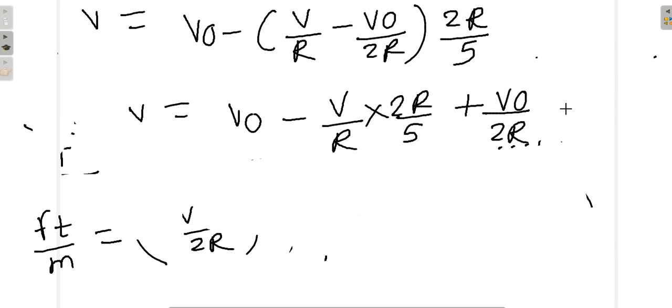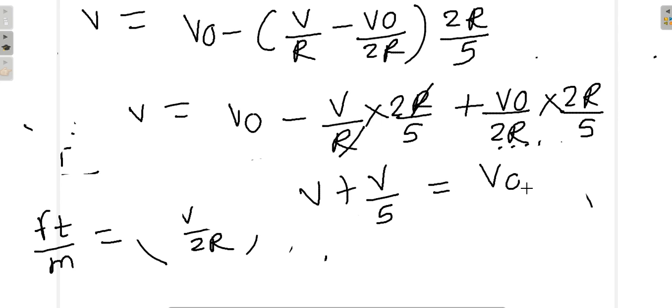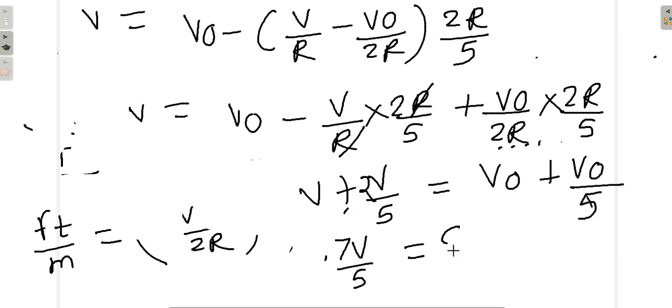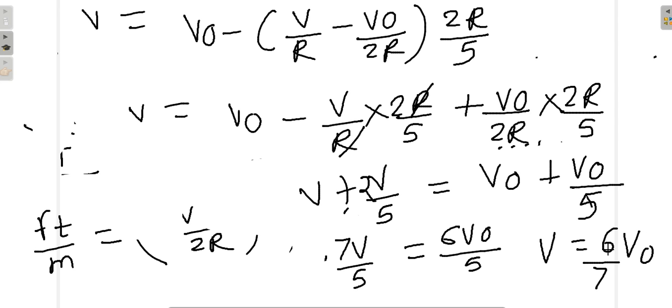plus v naught upon 2r into 2r by 5. This r and this r will cancel, so v plus v by 5 equal to v naught plus v naught upon 5. v plus 2v by 5 equal to v naught, 2r will cancel, so it is 5 plus 2, that is 7v upon 5 is equal to 5 v naught plus v naught, 6 v naught upon 5, and that gives me the final answer as v equal to 6 by 7 times v naught.